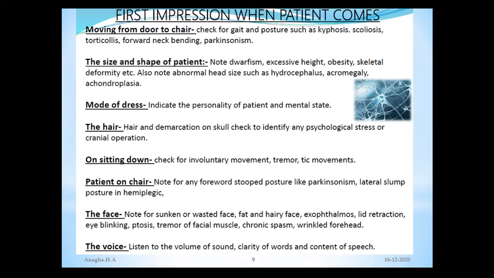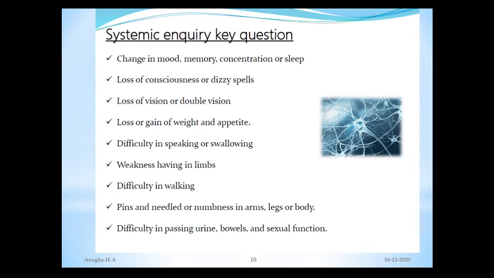On sitting down, how his attitudes are, checking for involuntary movement, tremor, tic movements, etc. And how the patient sits on the chair, then the face, what faces he makes, and the voice. All this is important. First impression is always the best impression, in which we can take a few points even before examining the patient. The examiner has to be always alert while doing the neurological examination.